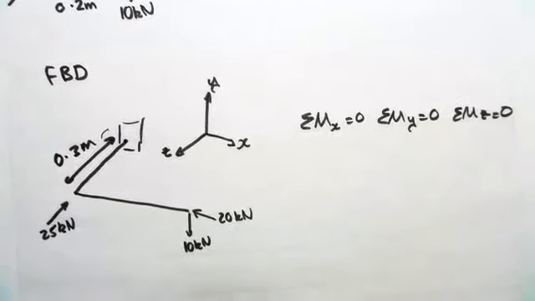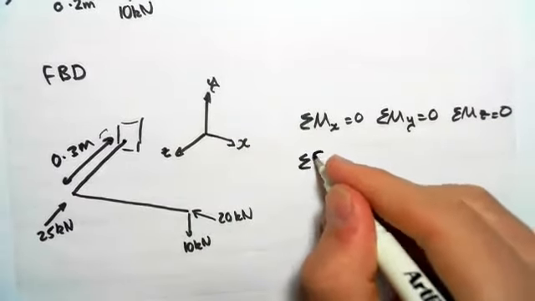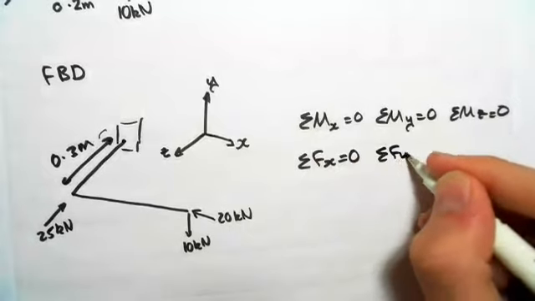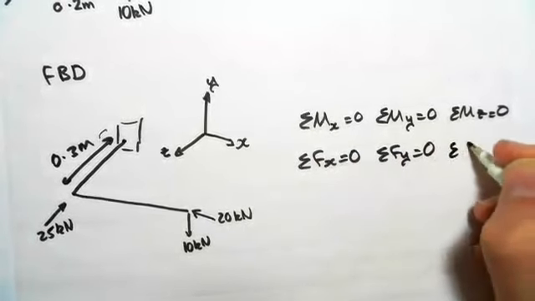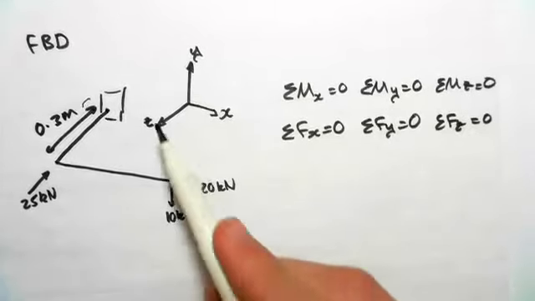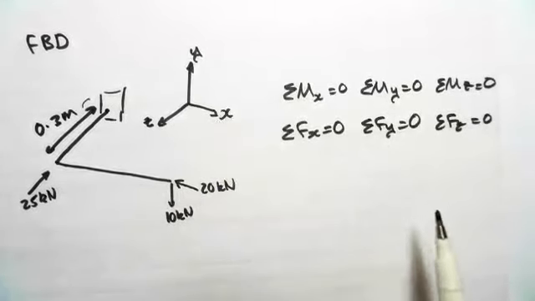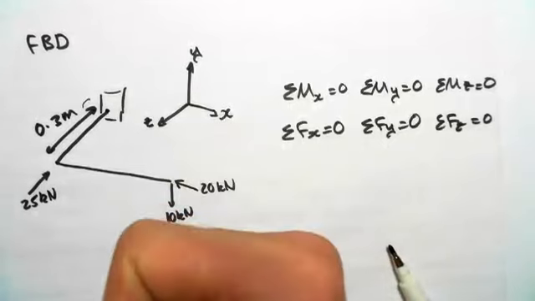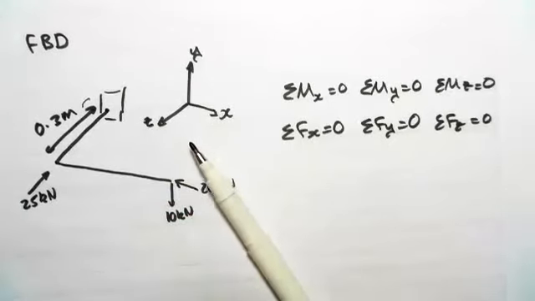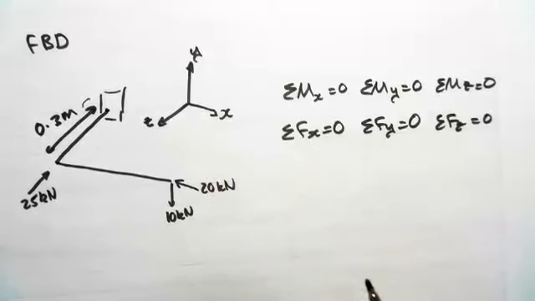First we'll do the forces: sum of forces in the X direction equals 0, in the Y direction equals 0, and in the Z direction equals 0. Just remember the right hand grip rule as well: your thumb points in the direction of the positive axis and your fingers curl around to show which direction is the positive moment.